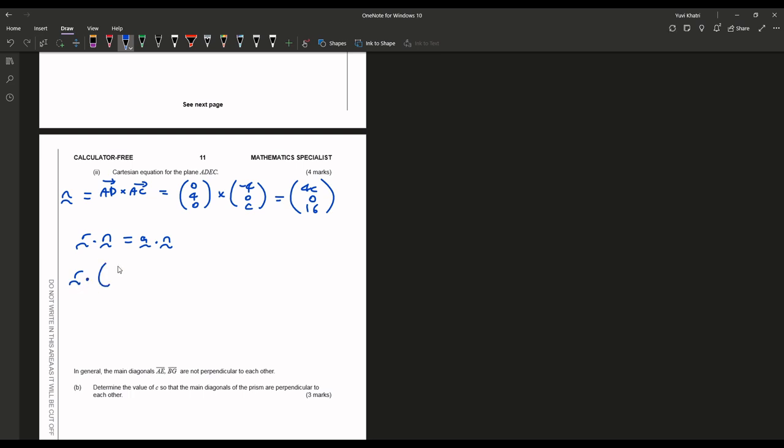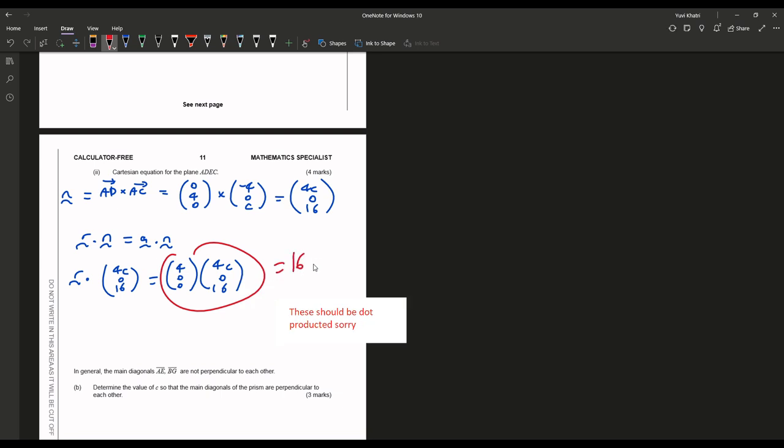So we get r dot (4c, 0, 16), because this will give us the vector equation. We can use any point on the plane, so we use (4, 0, 0), the position vector for point A, dotted with our normal vector, and simplifying that gives 16c. So the vector equation is r dot (4c, 0, 16) equals 16c.